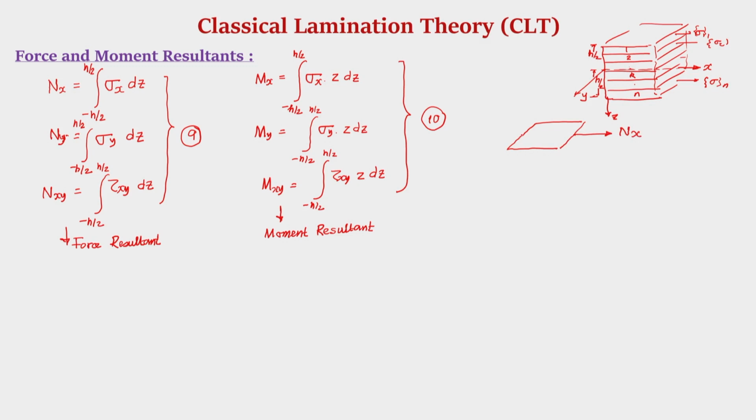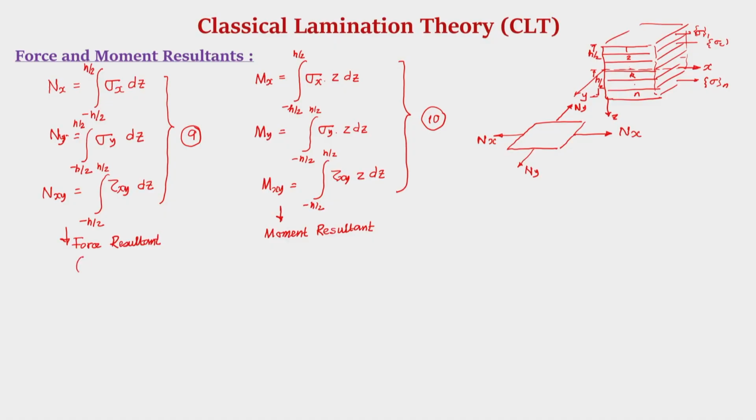Similarly, the effect of all the sigma y is represented by a single force N y. How did we do that? You can understand that stress at each layer multiplied by the cross sectional area gives the force. Similarly, you can take the force in all the layers and sum them up.